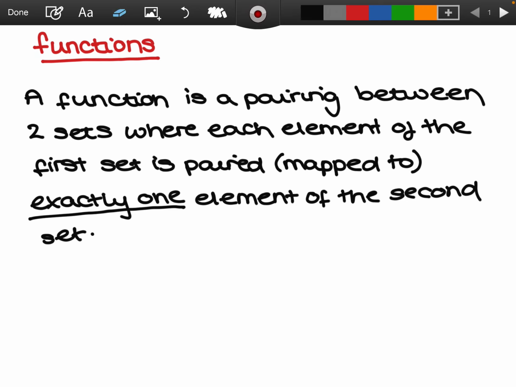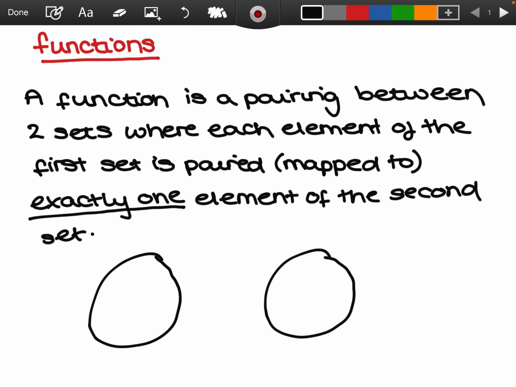Okay, what does this mean? First thing I want to do is actually give you a quick definition. You've probably heard of this before, of what our two sets are called. So let's say we've got two sets and we have multiple elements that lie in each set.